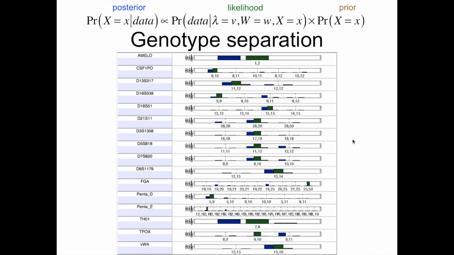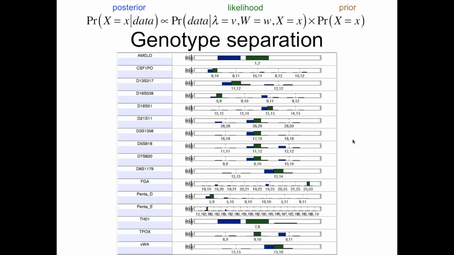The picture that we're seeing is showing the genotype separation. So for each of the loci listed here from PowerPlex 16, let's take a look at the second row, CSF, as a locus. There were about 100 possible allele pairs before the computation started, and then what the data's done is it's concentrated probability into about 5 allele pairs to extract information, with most of the probability concentrated on that first allele pair, the 8-10, as indicated by the tall blue bar.